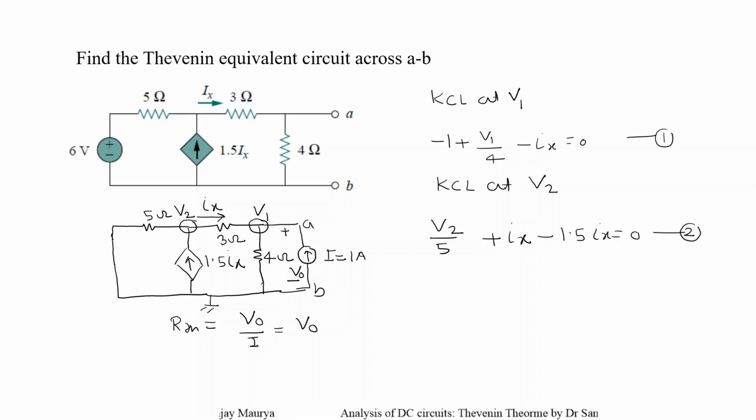Now I have got two equations, but the variables are 3. So in such a case, I need to find another relation. That relation can be obtained from here. Look over here, the Ix is flowing from V2 to V1. So I can write Ix will be (V2 minus V1) by 3. So this is the third equation. If I solve equations number 1, 2 and 3, then I can get the value of V1.